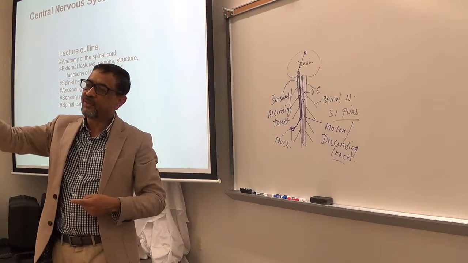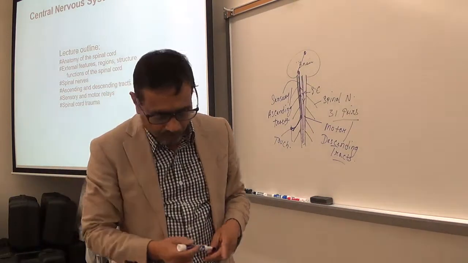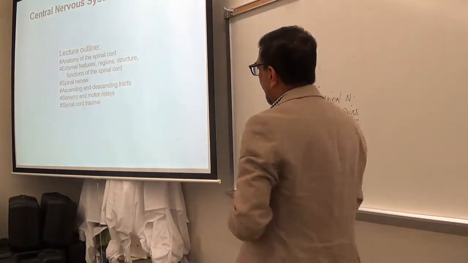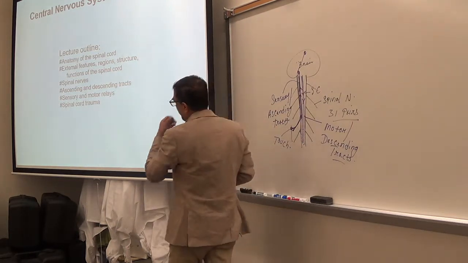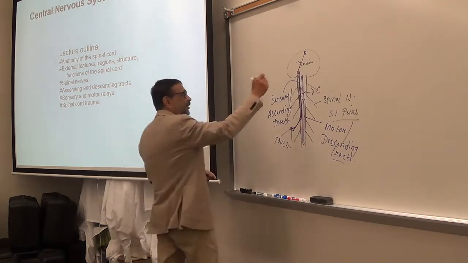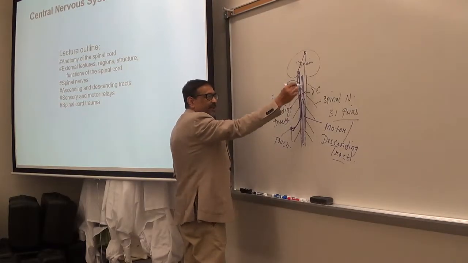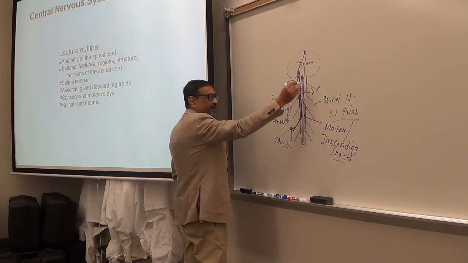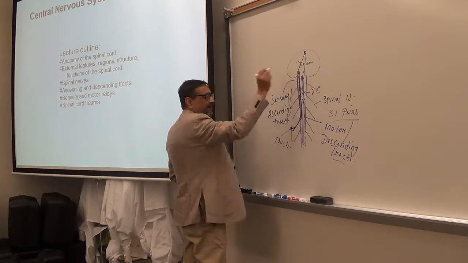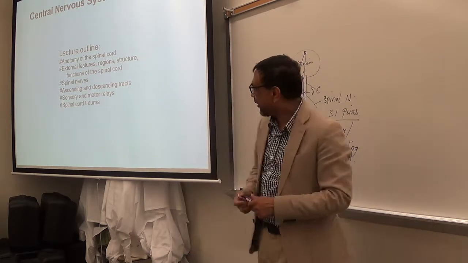That is called sensory relay. So we'll see how that happens. Same way, when the brain sends motor commands through the descending or motor tracts, in some locations, relay takes place. So we'll talk about that.